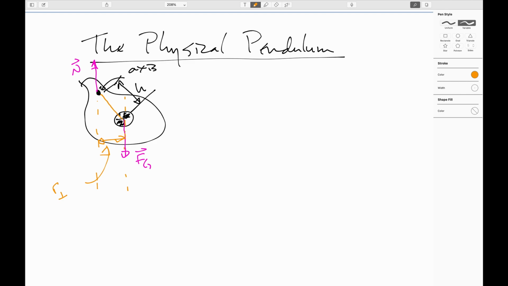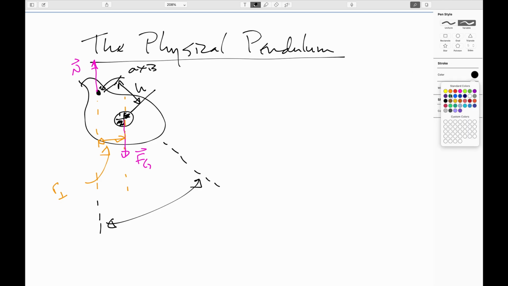And so let's go ahead and mark off an angle here. Let's say this angle here is theta. Then my r perpendicular here will be equal to h sine theta, because just extend that back.